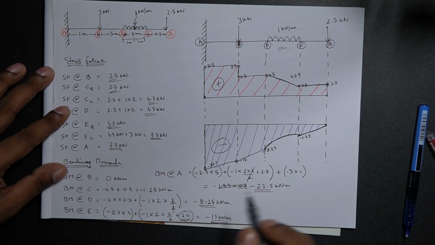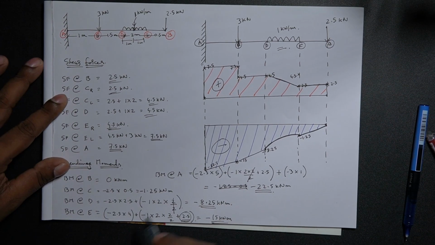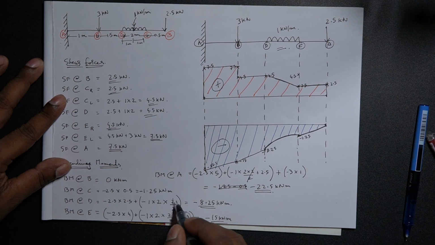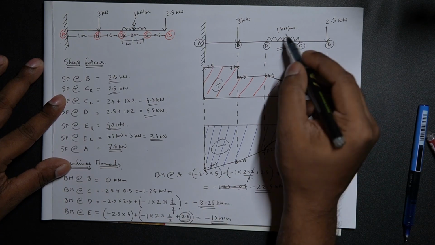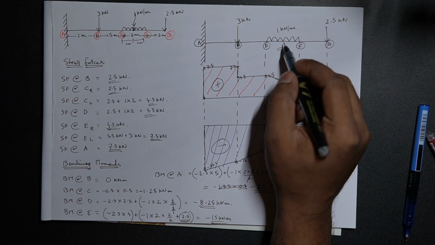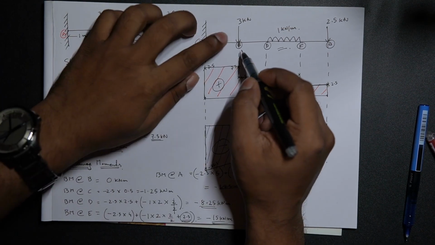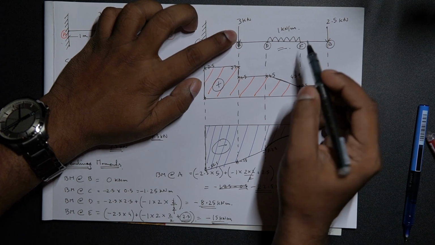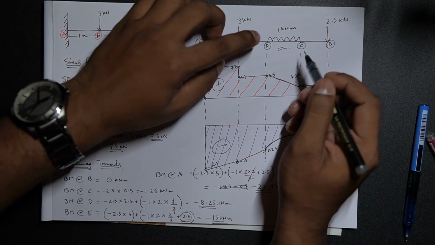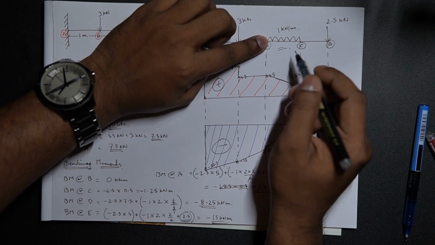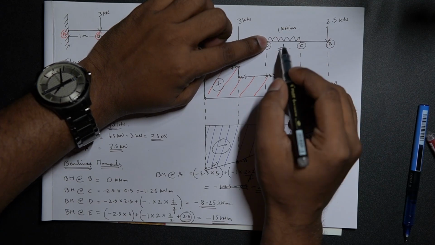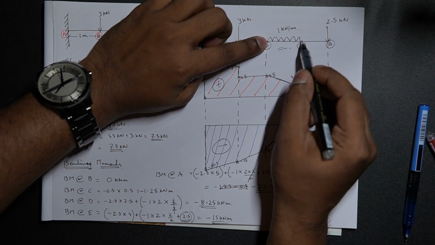Also, it is noteworthy to mention the way we calculate the bending moments due to the uniformly distributed load at different points. For instance, to calculate the bending moment at D due to the UDL, we can apply the formula WL squared by 2.